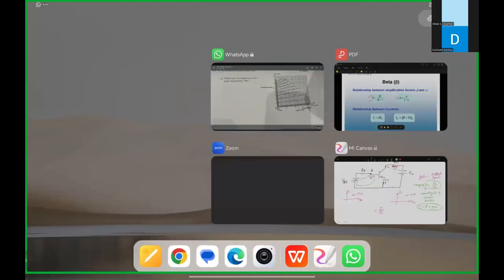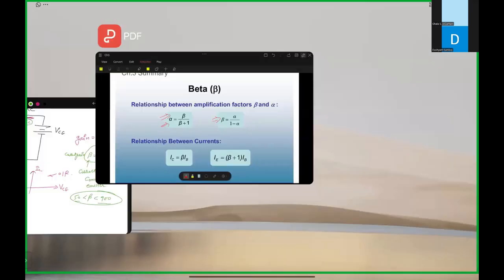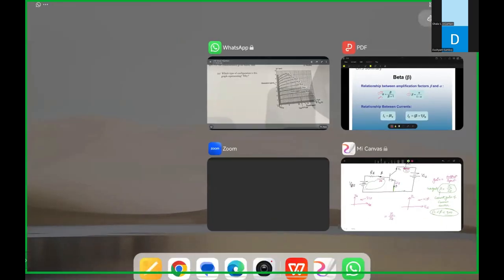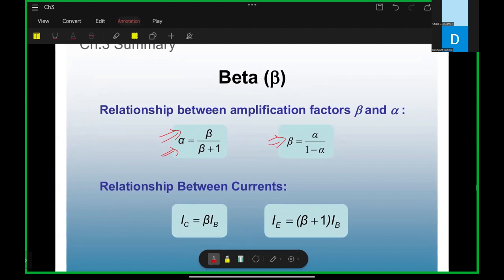Let me tell you that IE is equal to what? IC plus IB. Yes. And alpha is equal to how much?